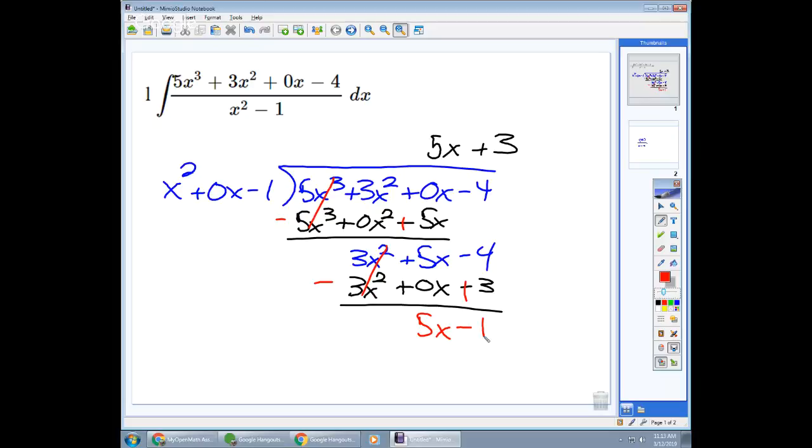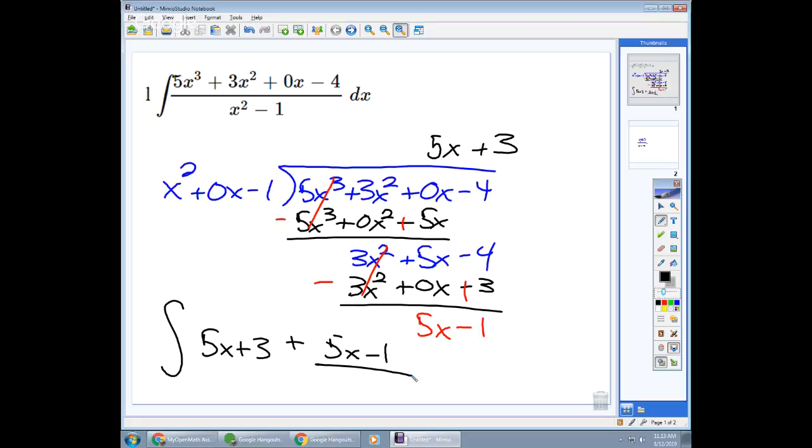So then we've rewritten this integral to be the following. This is the quotient, the whole number part of the answer. So I get 5x plus 3, plus the remainder, 5x minus 1, over the denominator.